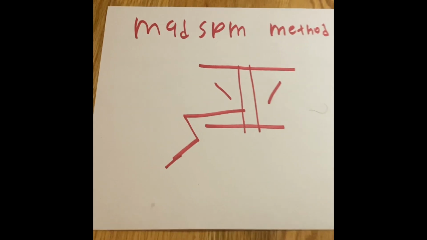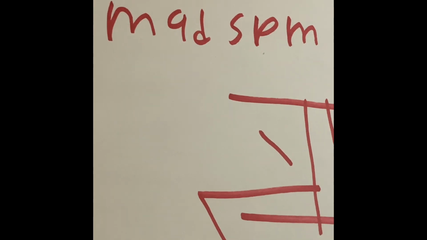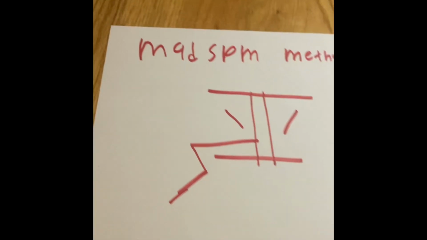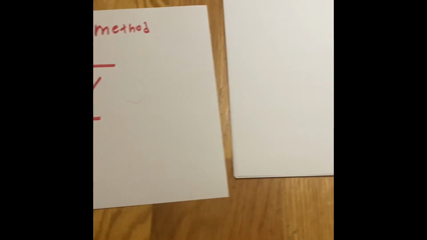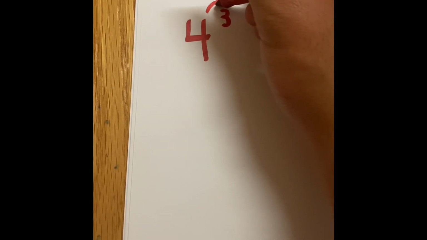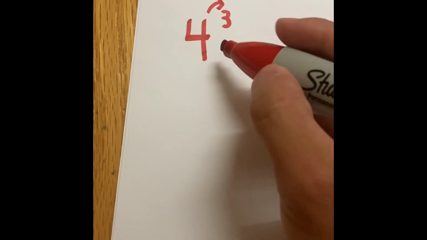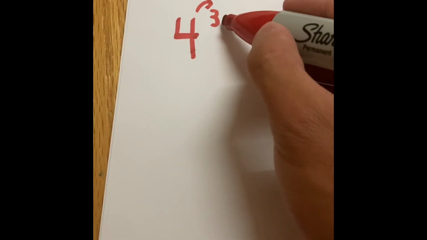Just like PEMDAS and just like GEMS, order of operations, each of the letters represents some kind of property in the exponents unit. I'm pretty sure we understand what an exponent is. An exponent happens when you have a giant number, the coefficient, and a small number to the right. That is saying that you have to multiply this number by itself that many times.